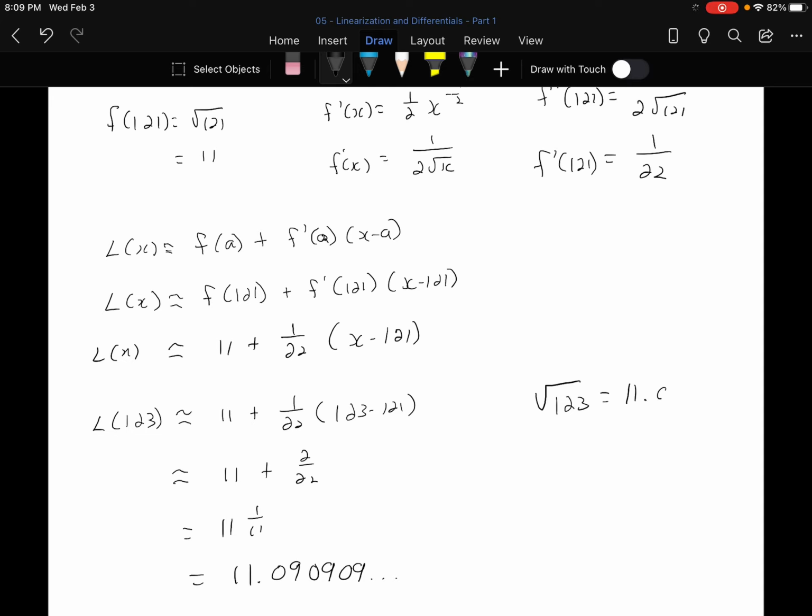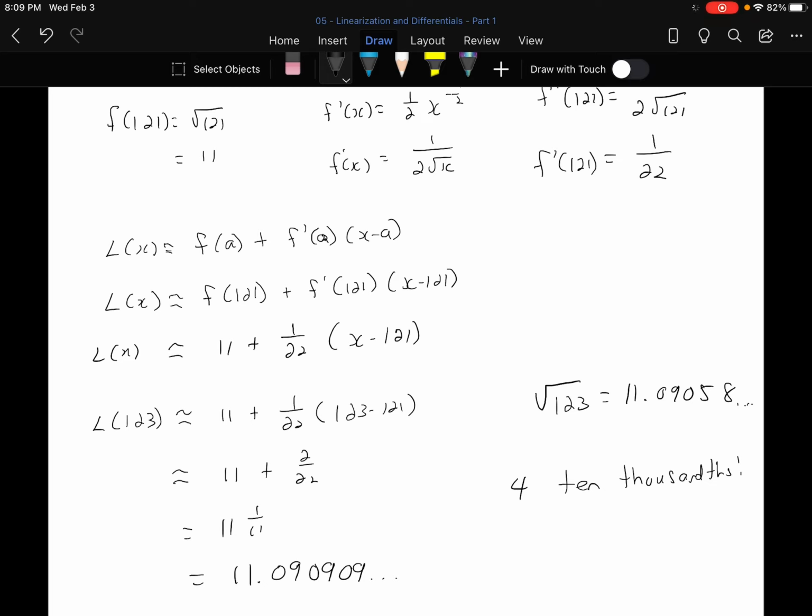So I get 11.09058. There are more decimal places there, but pretty good. It's only different by 4/10,000ths. So we'll really take that as a really good estimate here.